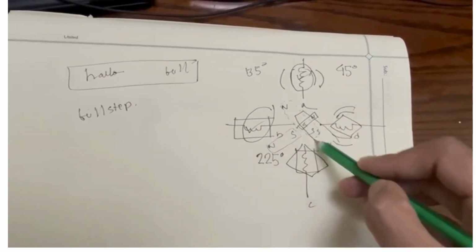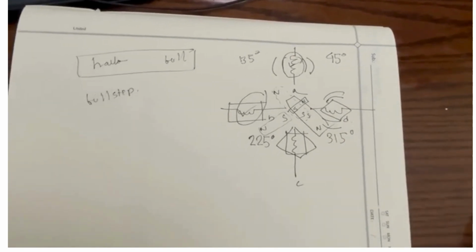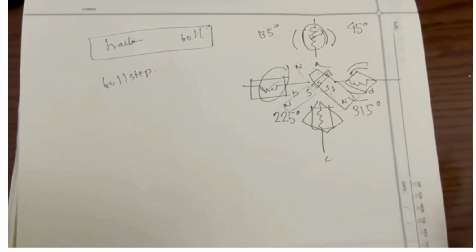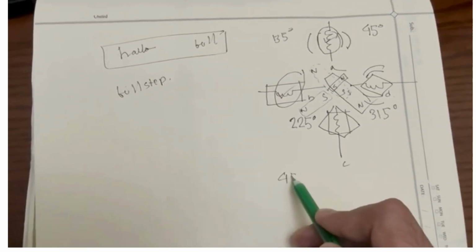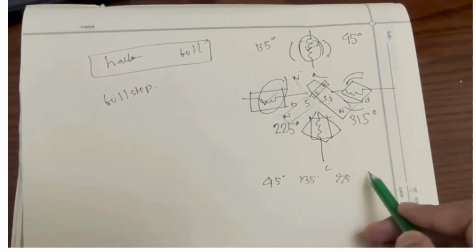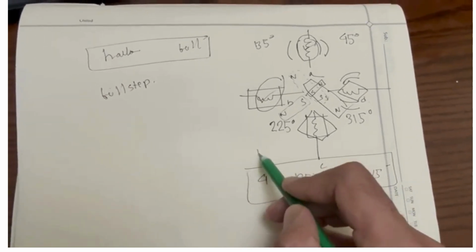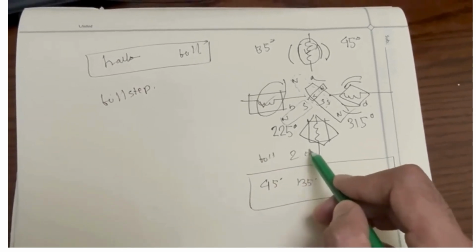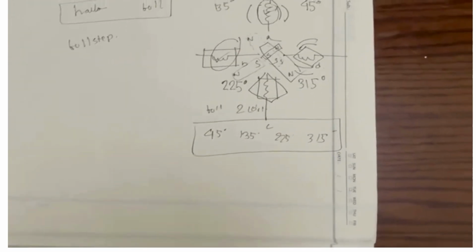So this makes an angle of 315 degrees. So in full step mode, the angles that the motor rotates are 45 degrees, 135 degrees, 225 degrees, 315 degrees. This is the concept of full step mode, and 2 coils are active at the same time. So now what is half step?